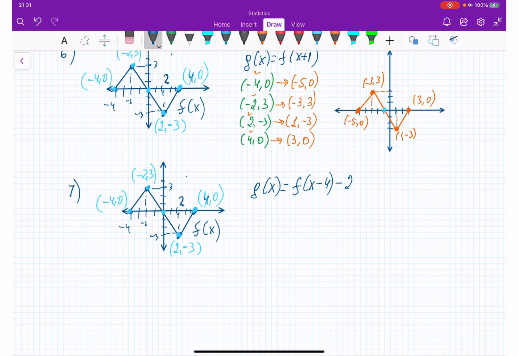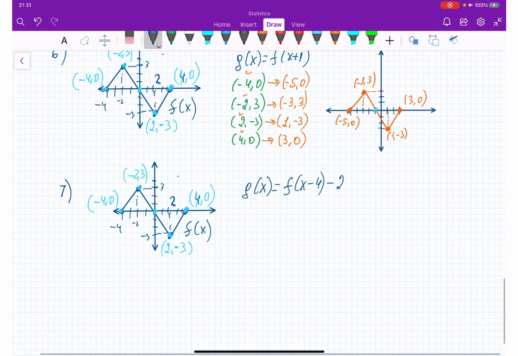So in this case, we are going to change both x and y. All right, let's write down.